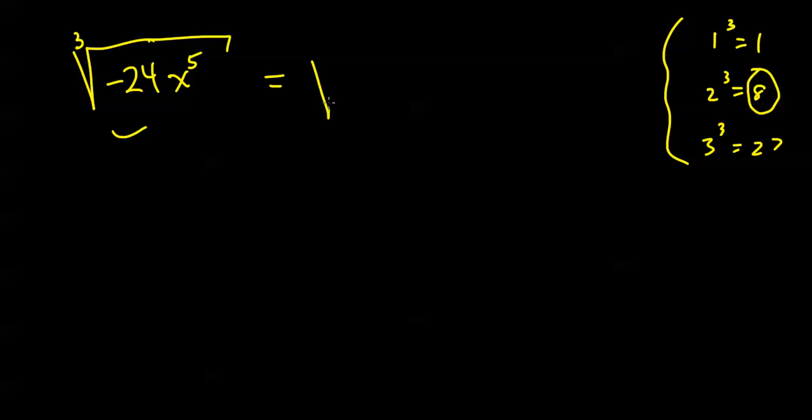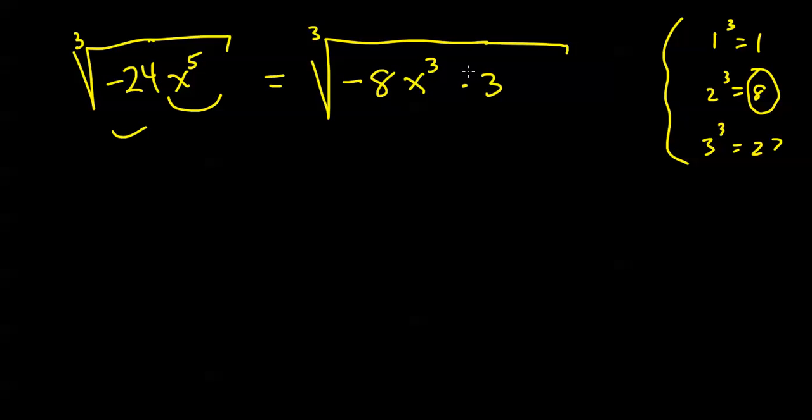So what I'm going to do is break up that radicand. I'm going to say minus 24 is minus 8 times 3. Everybody agree with that? And similarly, x to the fifth power, well, 3 powers of x I can take out, and that means 2 factors of x have to stay inside.